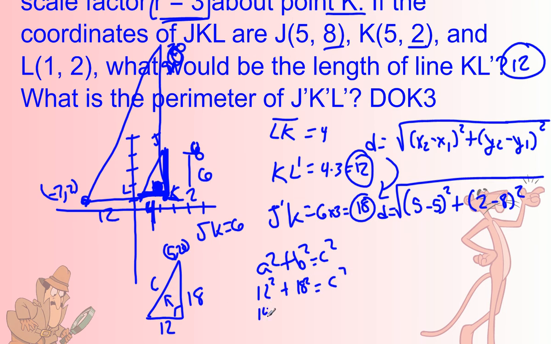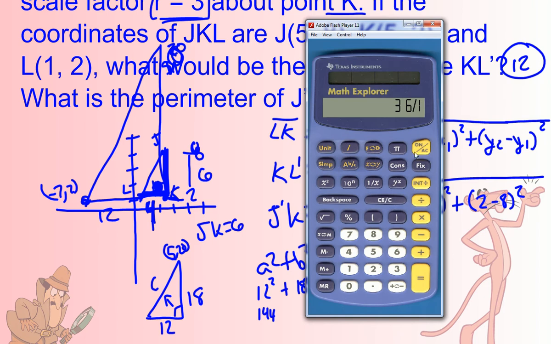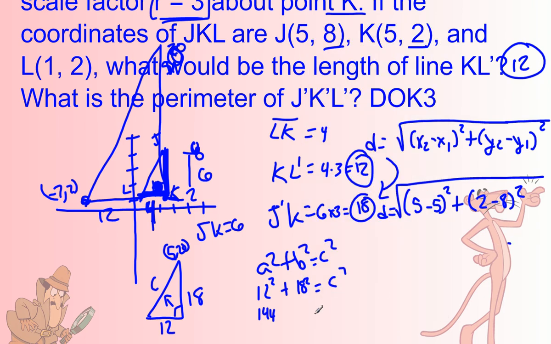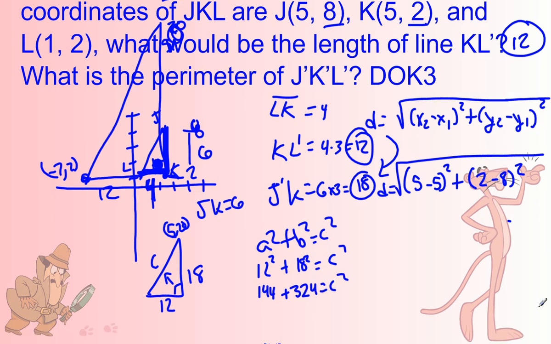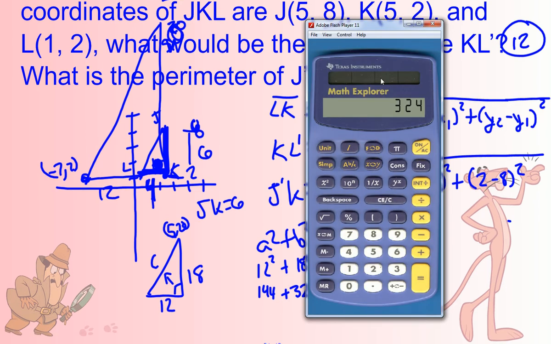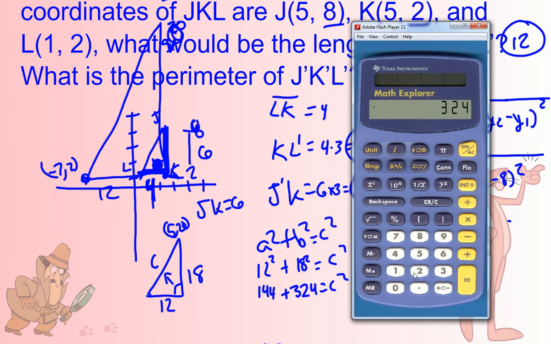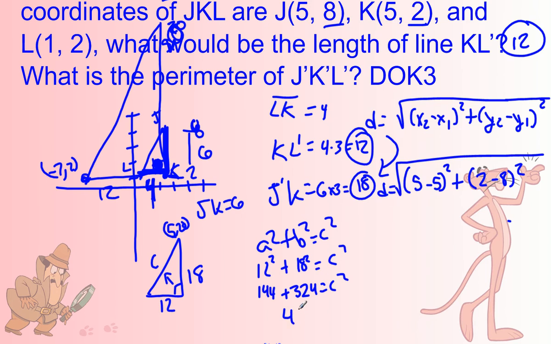12 squared is 144. 18 squared, have no clue, but it ends in a 4. 18 squared, 324. C squared, add them together. Let's see, 324 plus 144 equals 468. Equals c squared.